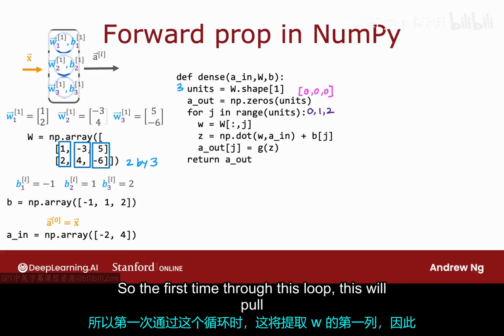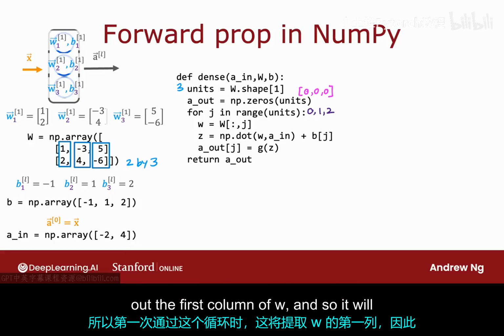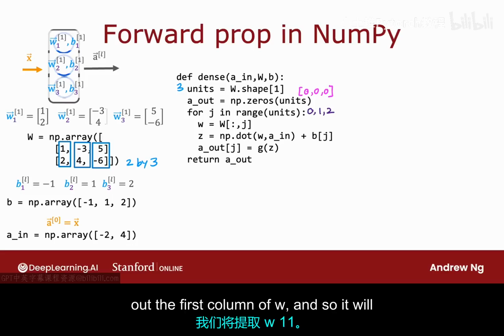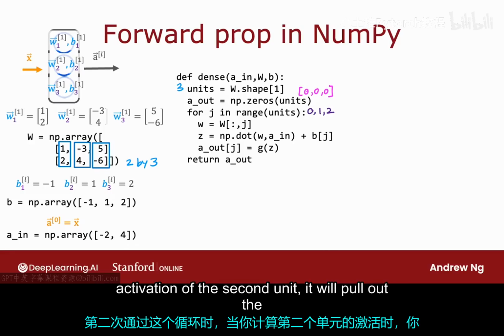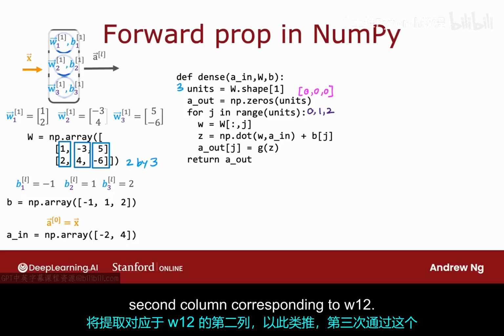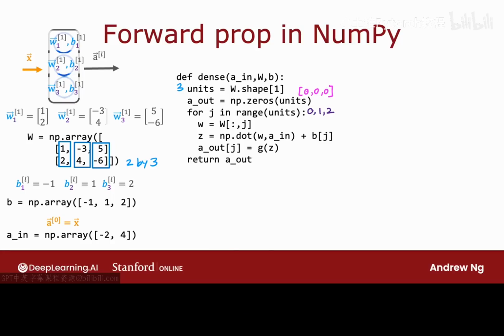So the first time through this loop, this will pull out the first column of W, and so it will pull out W11. The second time through this loop, when you're computing the activation of the second unit, it'll pull out the second column corresponding to W12, and so on for the third time through this loop.